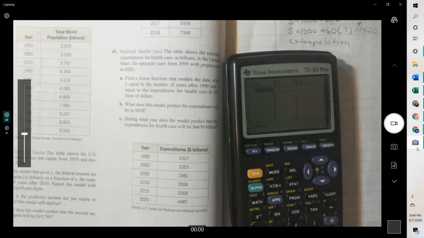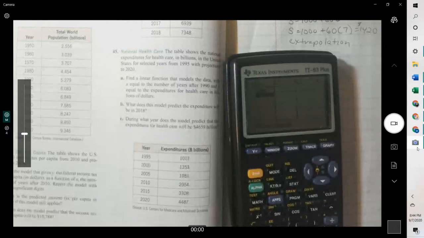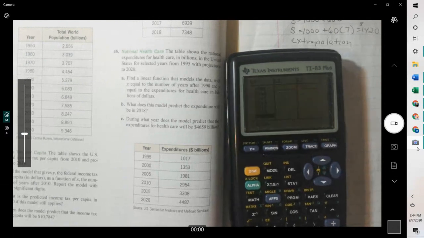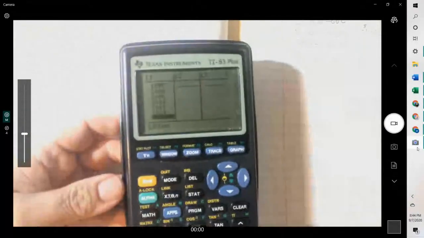So we enter x first: 1995, 2000. I'm just going to double check, it's a little hard to see right there.